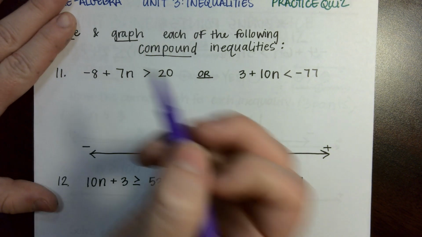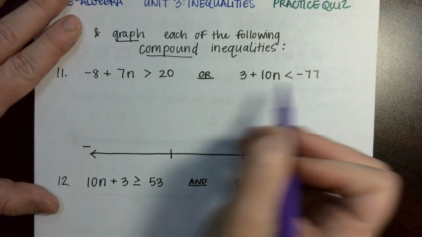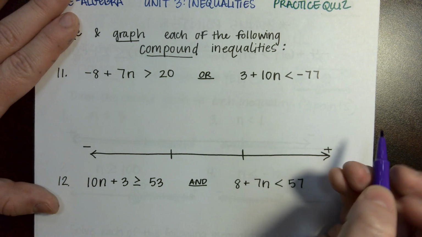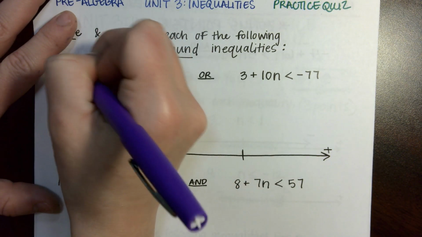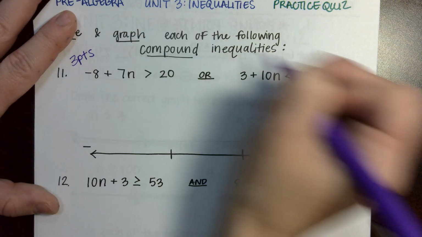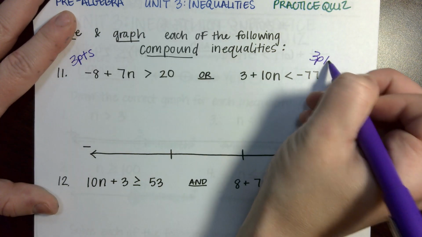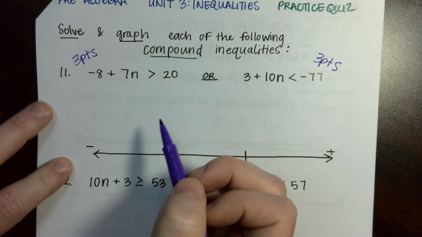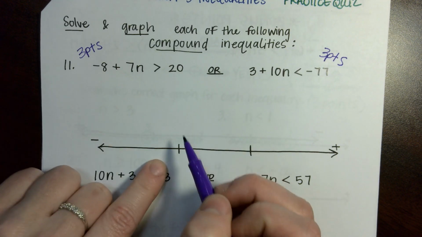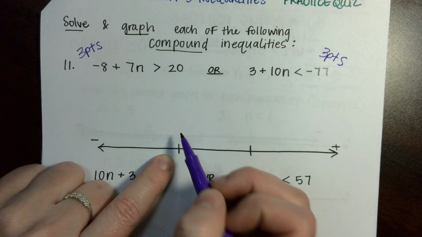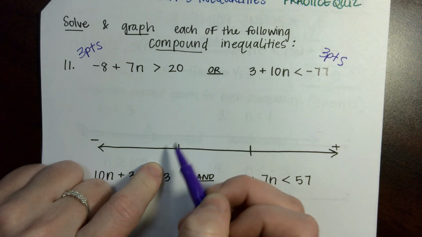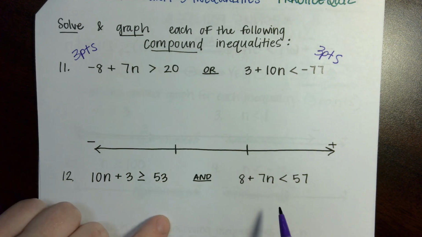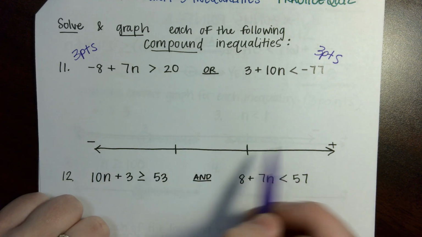Each part of the compound inequality is worth 3 points, so 6 points total. I'm looking to make sure that you have your number labeled, your circle tick mark, whether that's open or closed, and the direction.